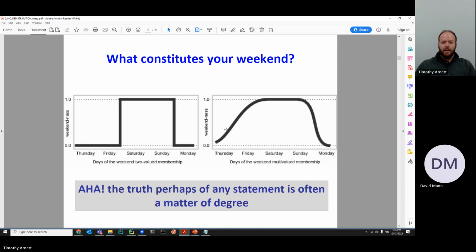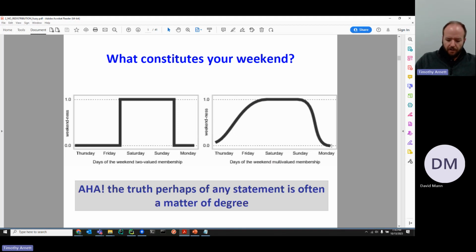Just binary. What fuzzy allows you to do, though, is you're not limited to this. You can have a function that describes essentially any shape that determines your membership in a set. And so going along this continuum throughout the week, you can have this gradual increase in weekendness as you approach Saturday, and you get full membership once you reach some value between Friday and Saturday, and then continues on through most of Sunday until towards the end of Sunday, it starts decreasing quite heavily, back down to 0 on Monday.